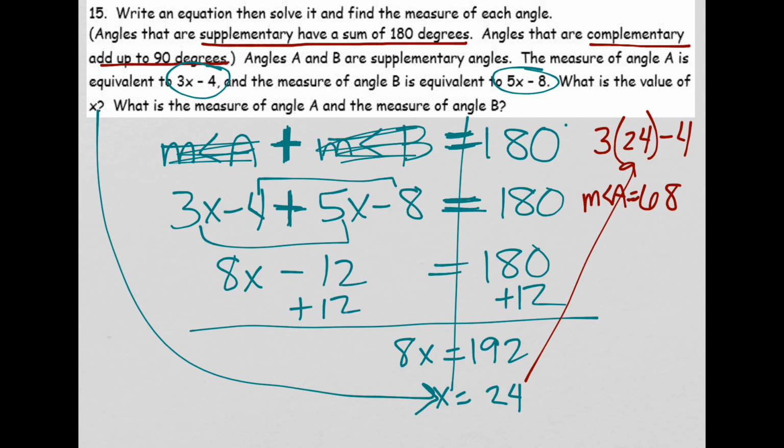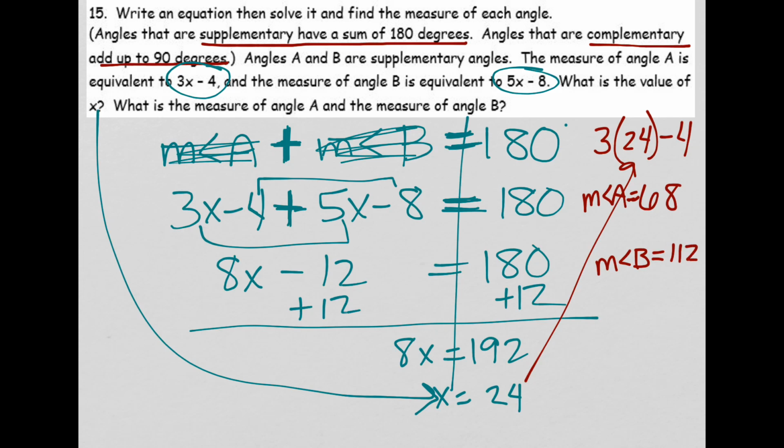Is the measure of angle B going to be also 68 degrees? No, because they're supplementary. They add up to be 180. So you could just subtract from 180 to find the measure of angle B. If one of the angles is 68, then 180 minus 68 would give me the other angle, which is 112.